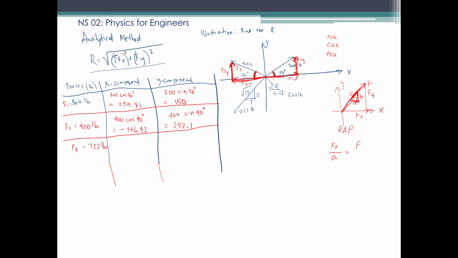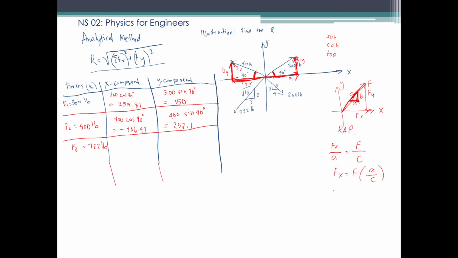This is the slope. So F is to c, so that your Fx is actually equal to the magnitude of the force F times A over C. From the slope, Fx is A over the hypotenuse C.